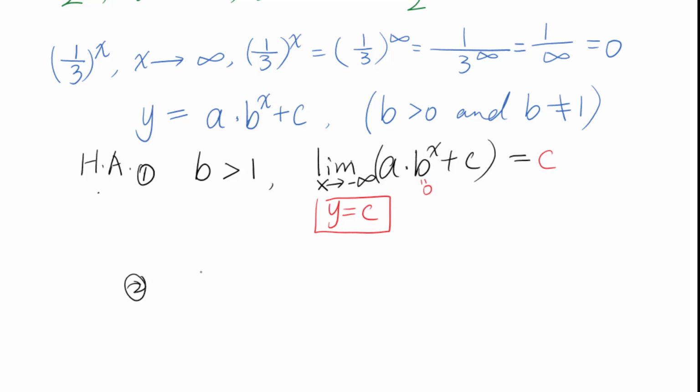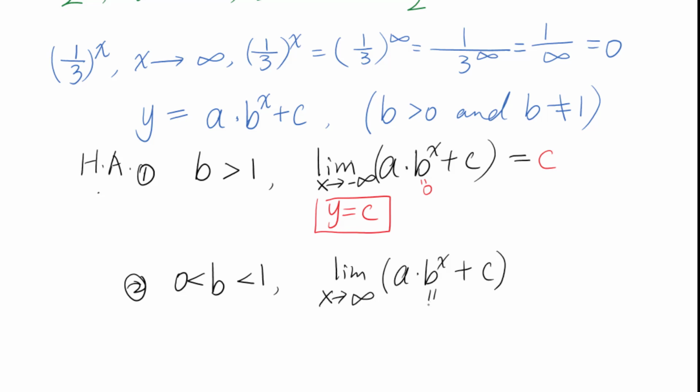Second situation, when b greater than 0, less than 1, limit as x approaches positive infinity of a times b to the x power plus c. This will be 0 plus c, which equals c, which means y equals c is the horizontal asymptote line.